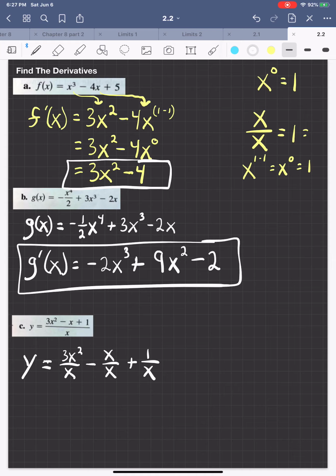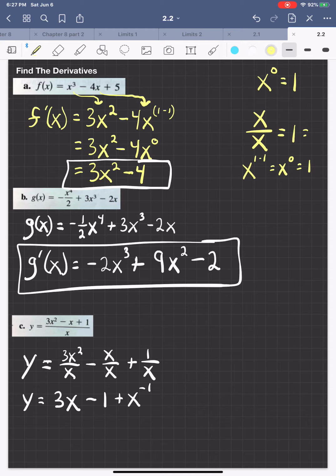And now let's go through and simplify this. So that means we can rewrite y as, well, 3x squared divided by x is just 3x. And then x divided by x is 1, so that's minus 1. And if you recall, you can rewrite that 1 over x as x to the power of negative 1.